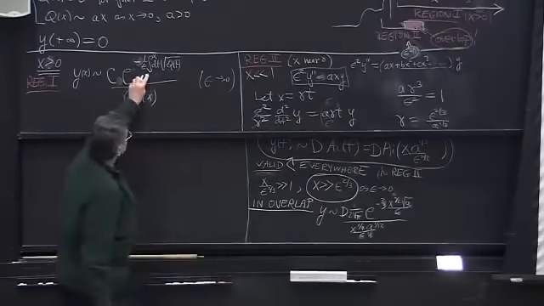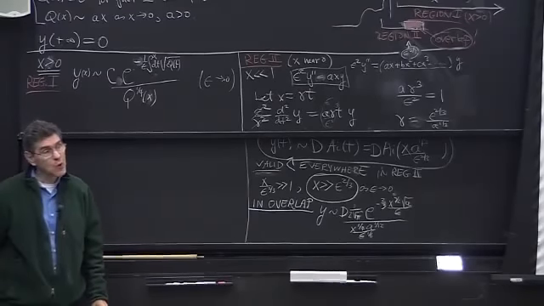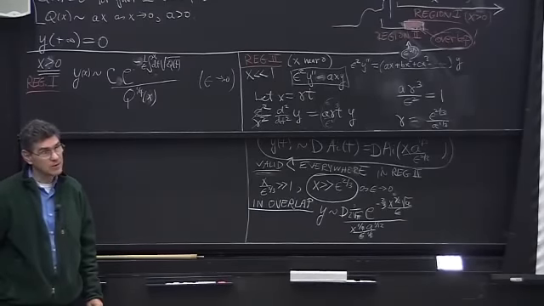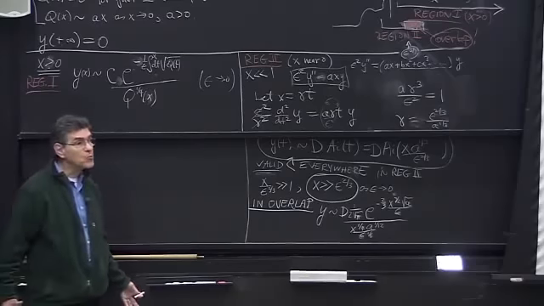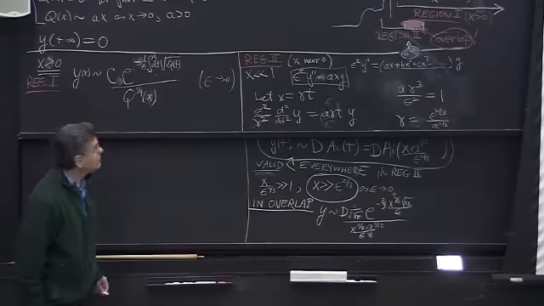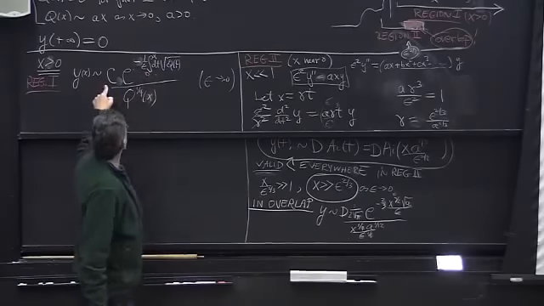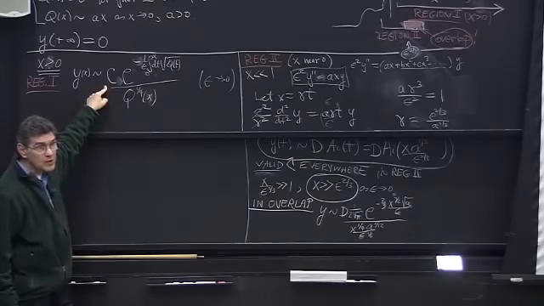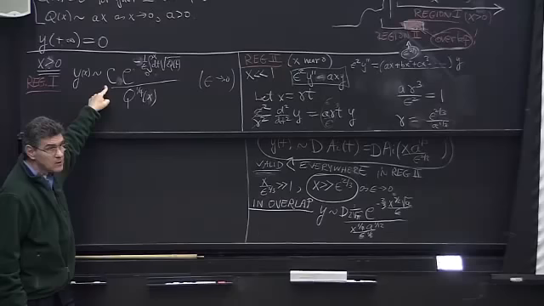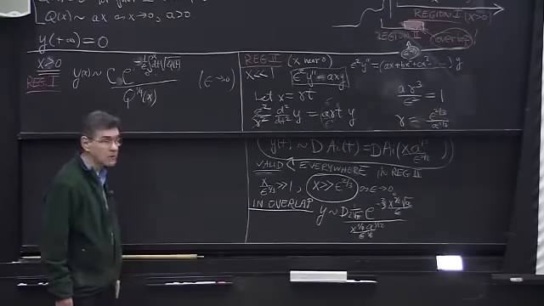You notice I left this integral and the lower end point of the integral ambiguous. What would you take it to be? What's the one interesting point in this problem? 0. So therefore, let's take this to be 0. If it's something else, all we do is adjust the multiplicative constant, right? It just multiplies it. So without any loss of generality, I'll take it to be 0.